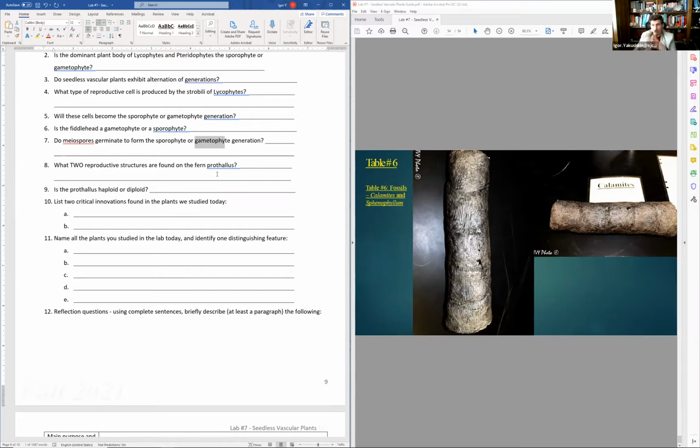Then we talk about the horsetails, with whorled leaves and hollow stems, nodes with the leaves coming out. And finally, we talk about the ferns with the fronds and the sori on the back of the fronds.